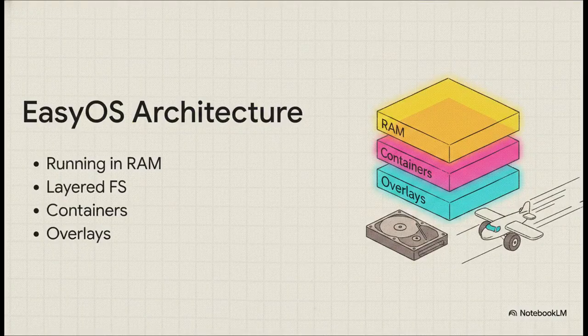So, let's break down the technical wizardry making this happen. Longtime EasyOS users understand these architectural concepts intimately. The system runs largely in RAM, which is exponentially faster than even the best SSDs on the market. It uses a layered file system behavior. Temporary writes, caches, containers, and overlay systems, they all stack on top of each other dynamically in memory.